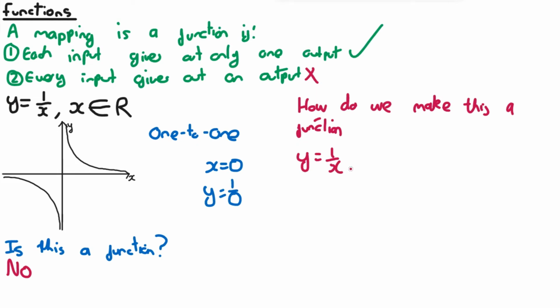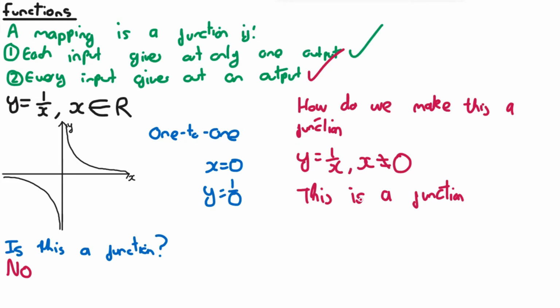So we do the comma to introduce the domain, and we just say that the domain is everything except for when x is equal to 0. We just don't include when x is equal to 0, because it cannot equal it. And now this satisfies the second condition, and therefore this is now a function. So we have just said that x is not equal to 0, we just don't include it in the function, and therefore this does become a function.